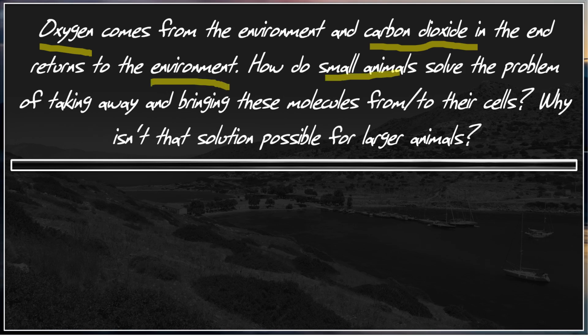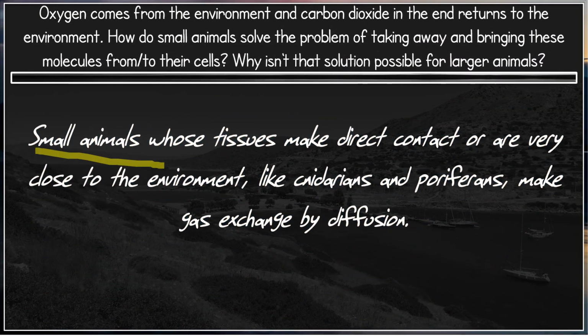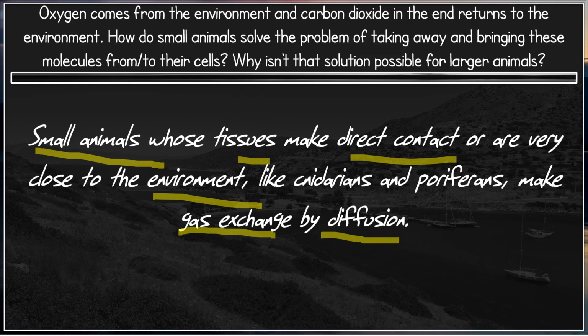How do small animals solve the problem of taking away and bringing these molecules from and to their cells? Why isn't that solution possible for larger animals? Small animals whose tissues make direct contact or are very close to the environment, like Porifera, make gas exchange by diffusion.